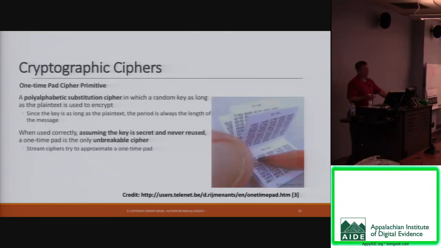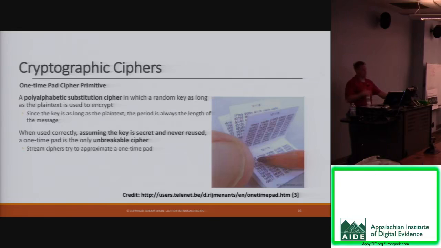There's actually a cipher that's unbreakable, and it can even be a shift cipher, or it can be one of these polyalphabetic ciphers. The idea behind a one-time pad is that the key is at least as long as the plain text itself, hopefully a lot longer.